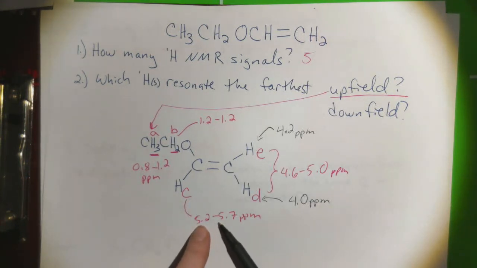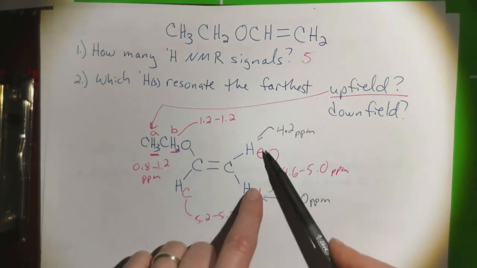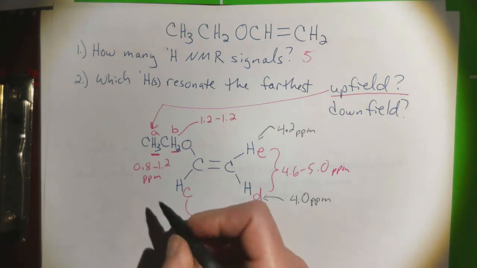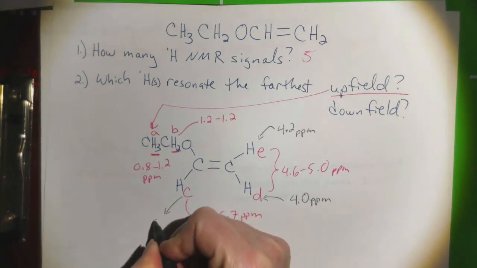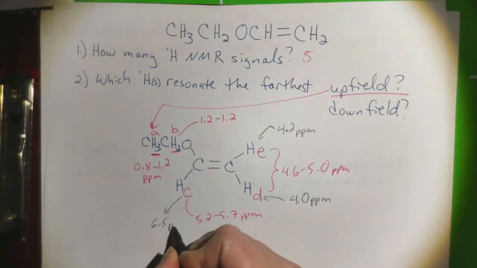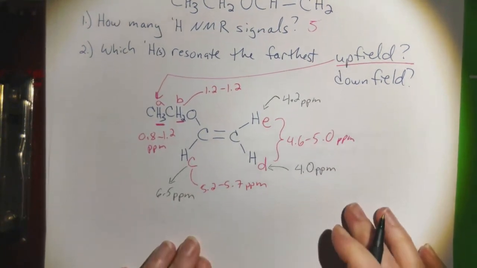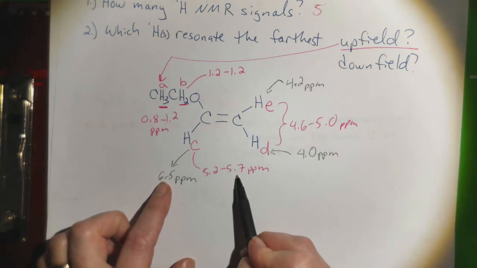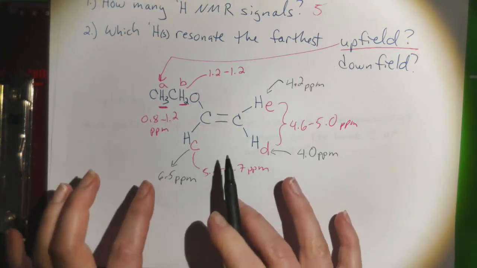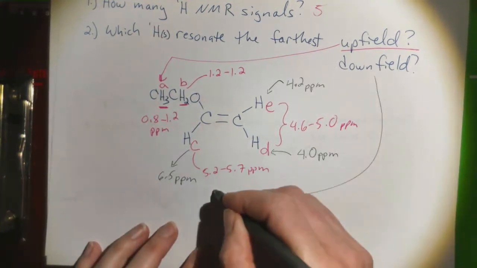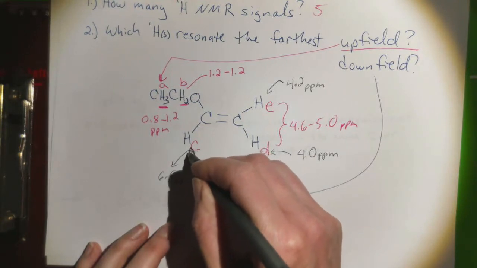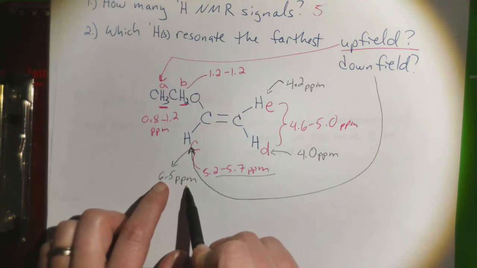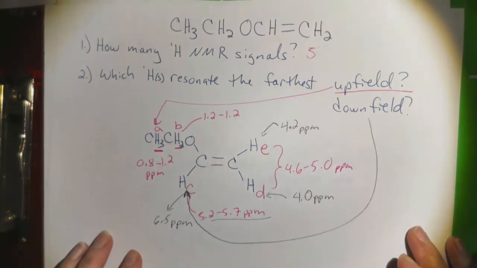This one we expect to be farther downfield compared with these, okay? And it is at 6.5 ppm. So again, this is an example of, well, is this just wrong because it's outside of the range? No, it's not. And by the way, we would expect this to be the farthest downfield signal, both by our estimation and it matches up with what we find experimentally.